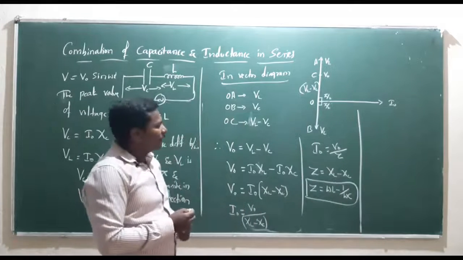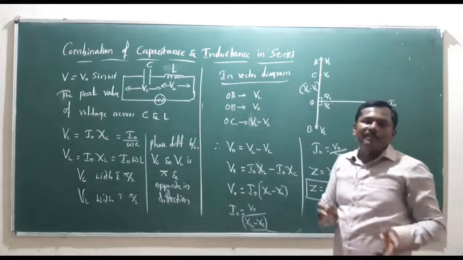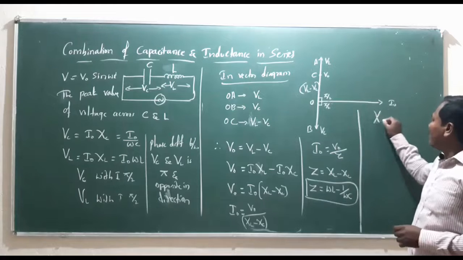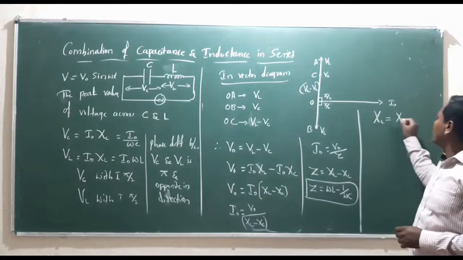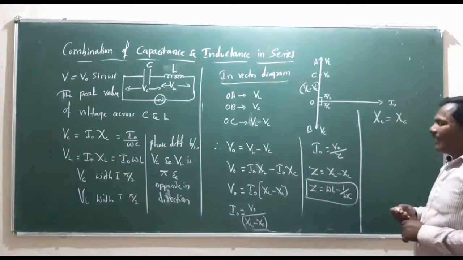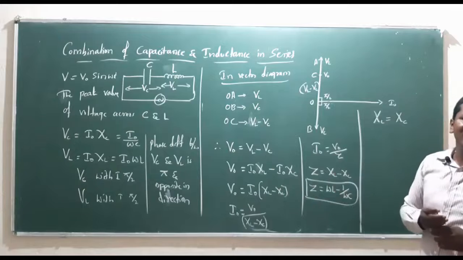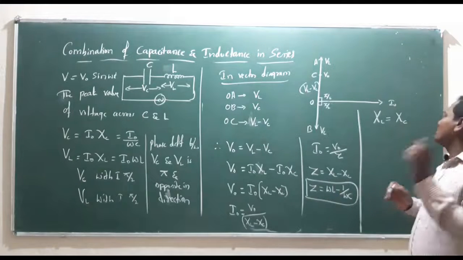Now, what happens if the capacitive reactance and the inductive reactance are both equal? If the capacitive reactance and the inductive reactance are equal, then the circuit is called a resonance circuit, or we can also call it electrical resonance.